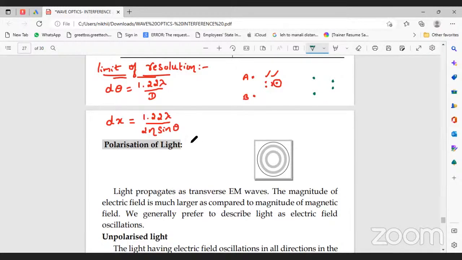Can you distinguish the 2-point objects? Yes, sir. Now, can you notice these 2 points? Yes, sir. You can notice this, Ajay, but I can't. I'm looking at this as a single point object.